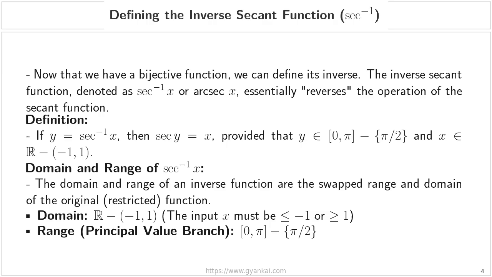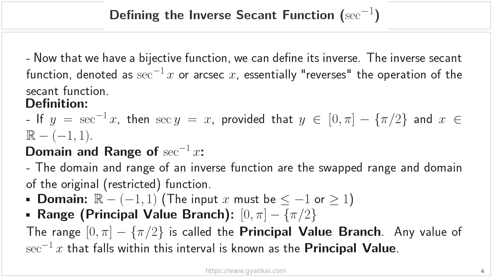The range, on the other hand, is the interval from 0 to pi, excluding pi over 2. This specific range is referred to as the principal value branch. Consequently, any value of secant inverse of x that falls within this specific interval is known as the principal value.